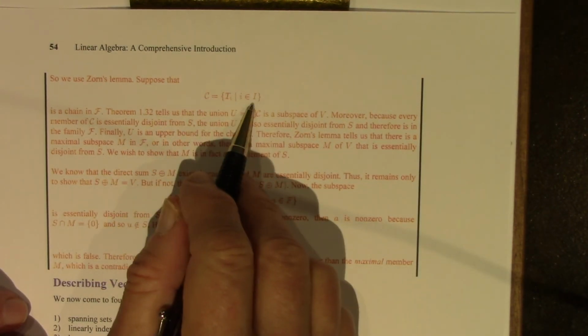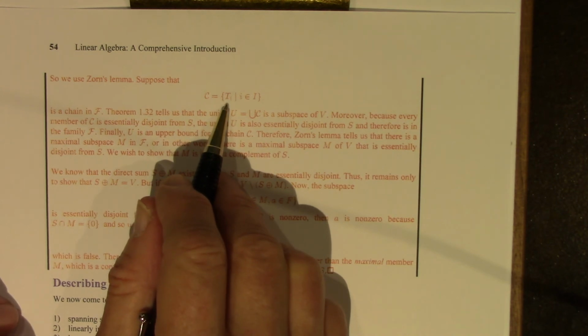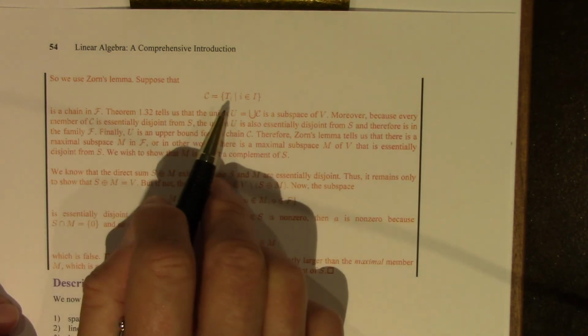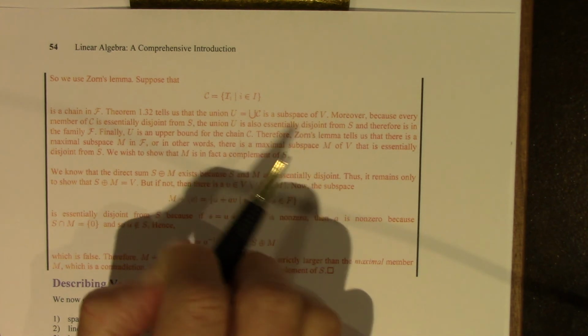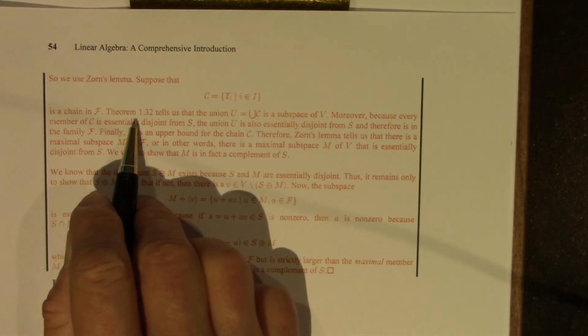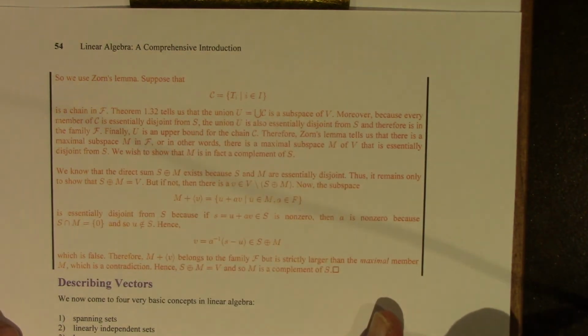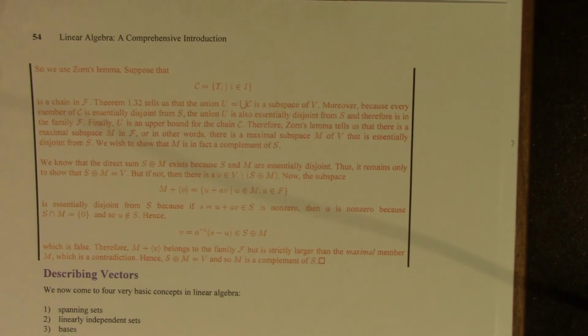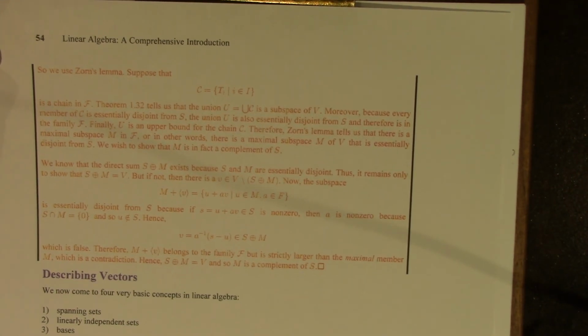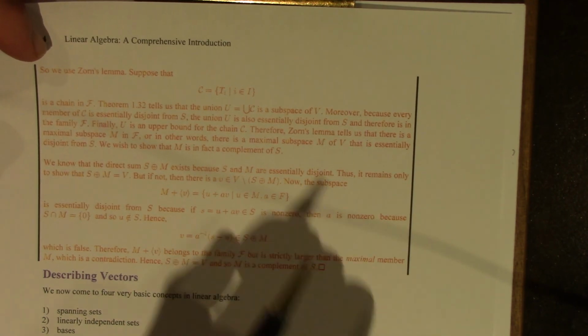Suppose we have a chain of subspaces in this family. So each of these is a subspace of V that is essentially disjoint from S. An earlier theorem, 1.32, tells us that the union of this chain is a subspace of V. We proved that right after we proved the fact that, in general, the union of subspaces is not a subspace, but for a chain, it always is.